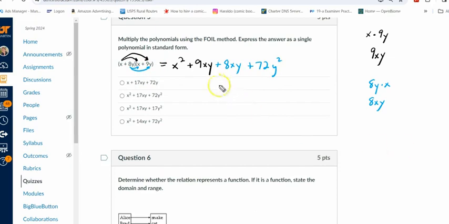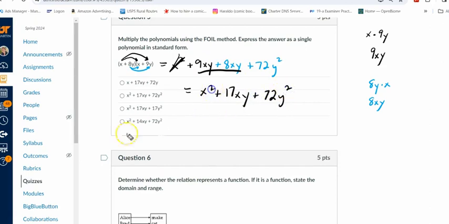Okay, now I'm just going to write this all in one color. So I only have one x squared term. But then you can see I have two xy terms. So 9xy plus 8xy is 17xy. 9 plus 8 is 17. So 9xy plus 8xy is 17xy, and then plus 72y squared.